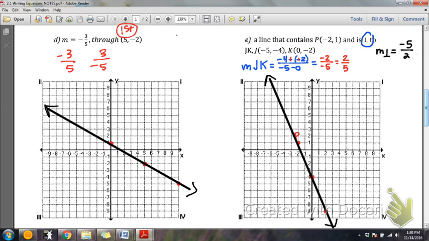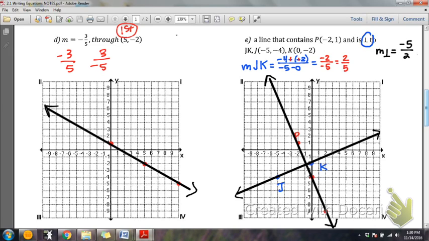Graph those 2 points on your graph, please. -5, -4 is J. Zero, -2 is K. And then we're going to put a line between them.